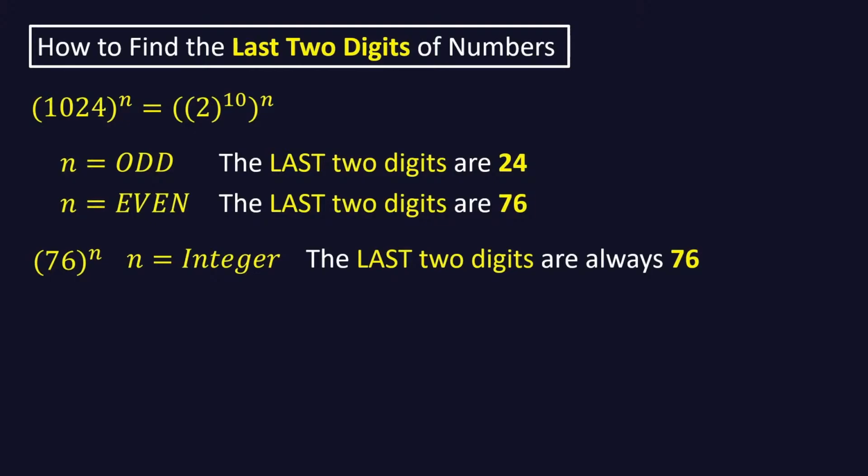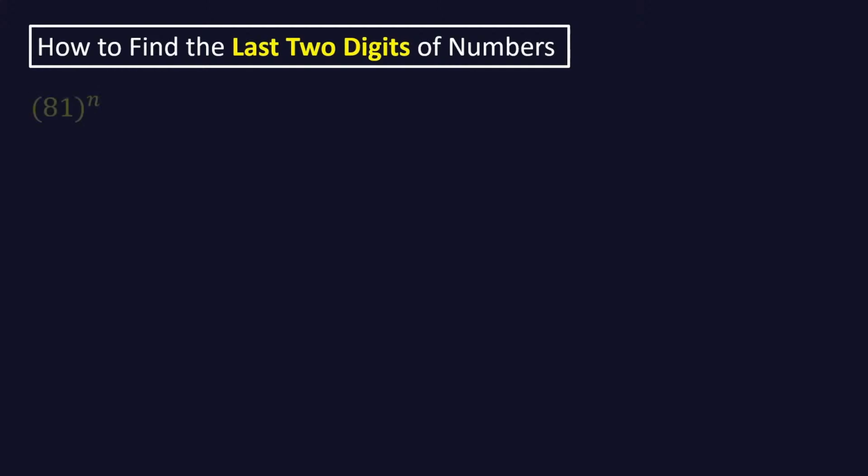Right? Now let us come to the second number, which is 81. What will be the last two digits of 81 to the power of some exponent? Whether it is even or odd doesn't matter.